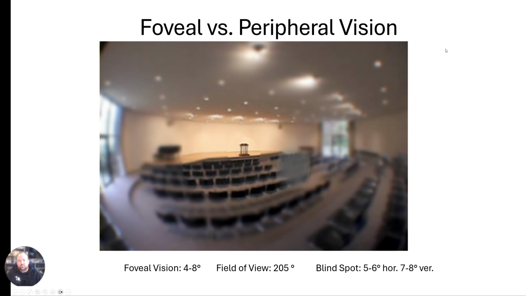So looking at foveal versus peripheral vision, here in the center where we can see this lectern a little bit clearer than everything else, that is because the foveal vision is giving us a higher definition image there, and the peripheral vision is a bit blurry. And right here we've got this light gray spot on the right a little.